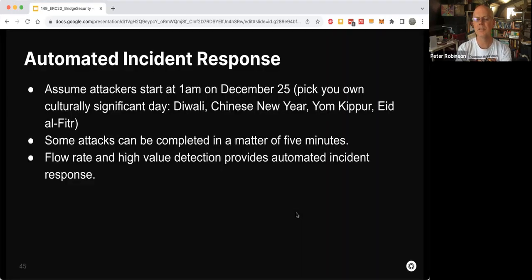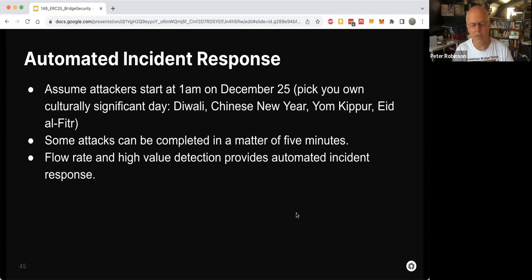Automated incident response. I think it's always worthwhile, if you're going to operate a bridge, to be thinking about the 1 a.m. on December 25th. December 25th is a day that's moderately important in Australia. But think of a culturally significant date for you: Diwali, Chinese New Year, Yom Kippur, Eid. Pick your dates, but if a lot of people in your organization are going to be away on holidays and it's going to be difficult to contact people, then that's a great time, if you're an attacker, to attack the system.